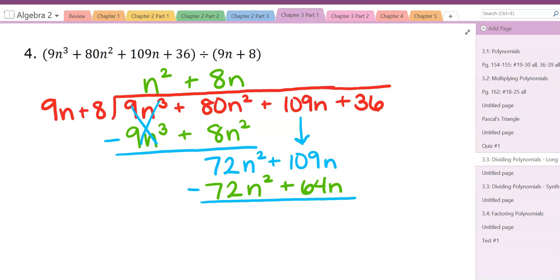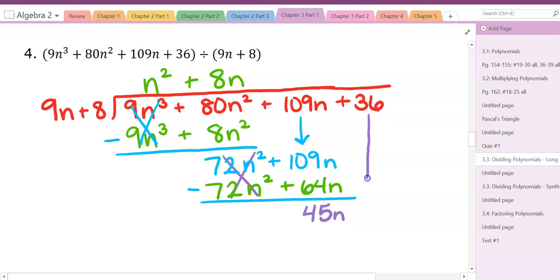Okay, so 72n squared minus 72n squared, that's gone. What is 109 minus 64? Flip the numbers around. 45. So 45n. You were close.